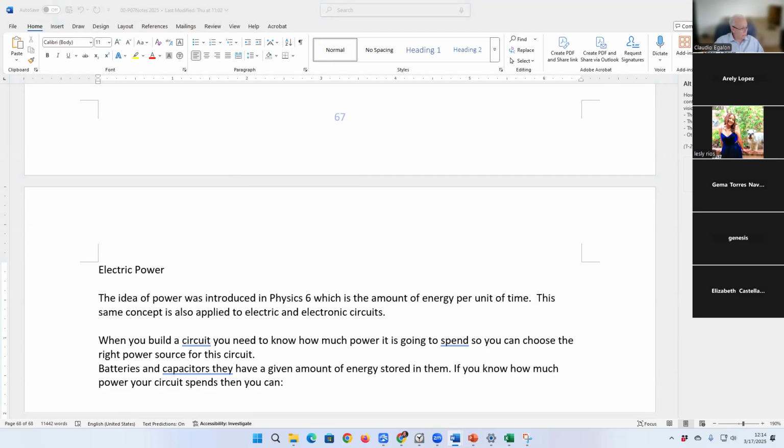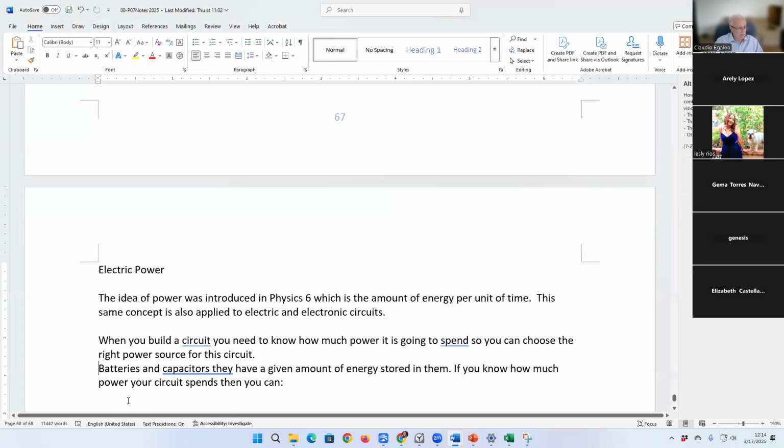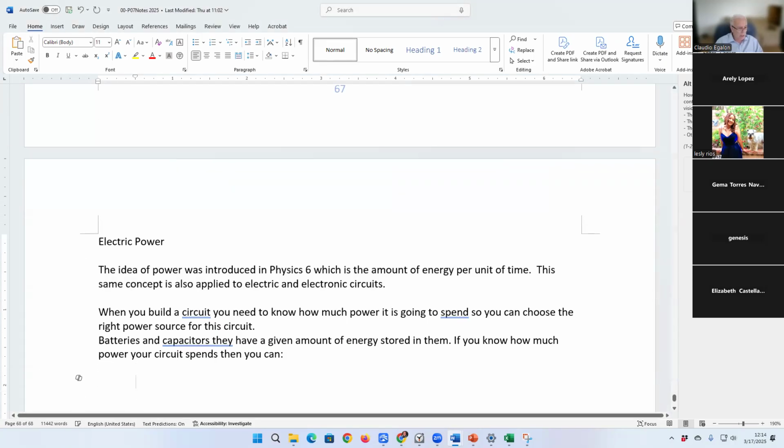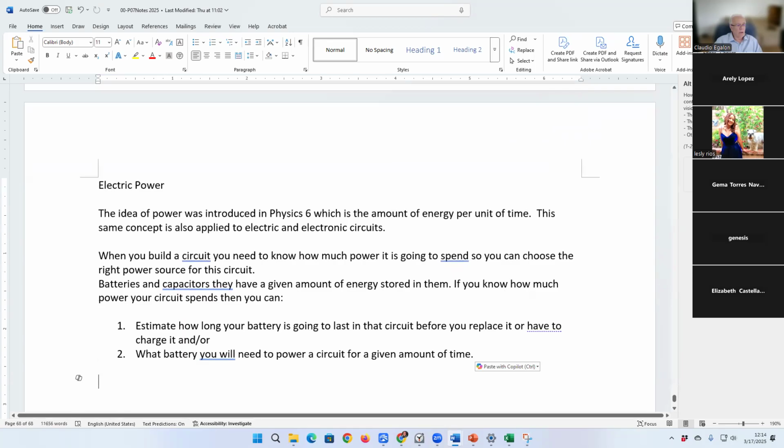So here you go, we need something like that to estimate how long your battery, your source, is going to last, and what battery you will need to power the circuit for a given amount of time.